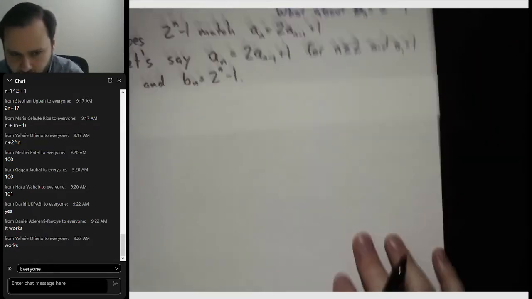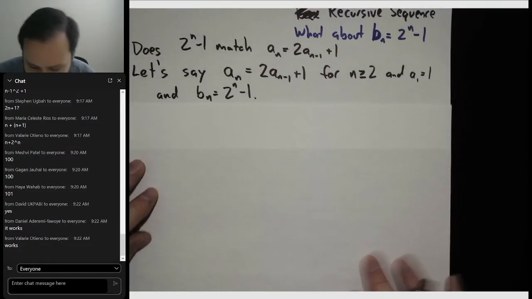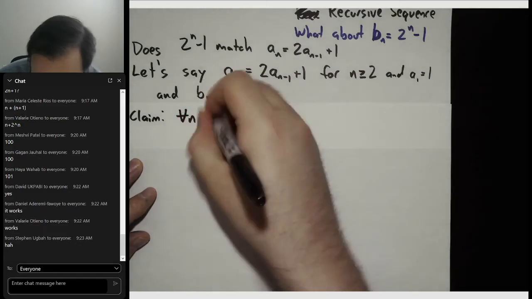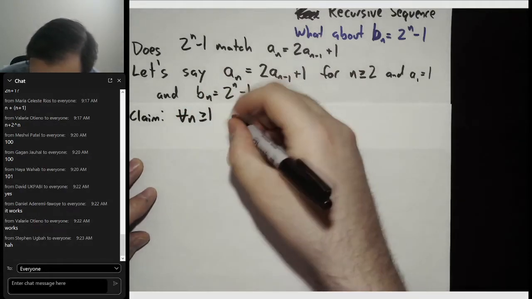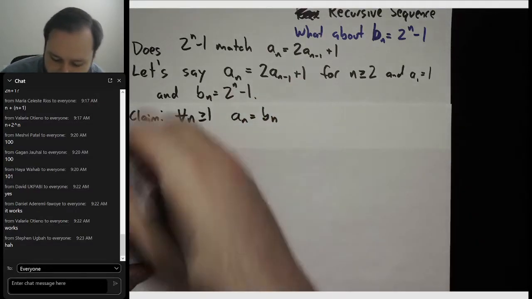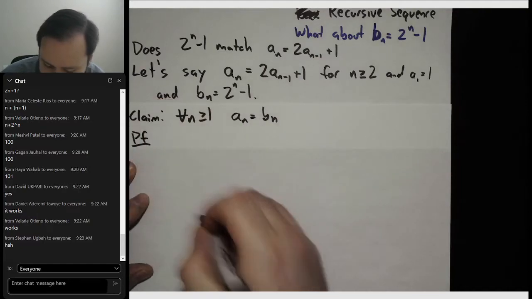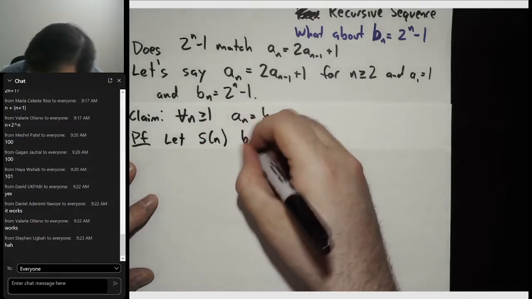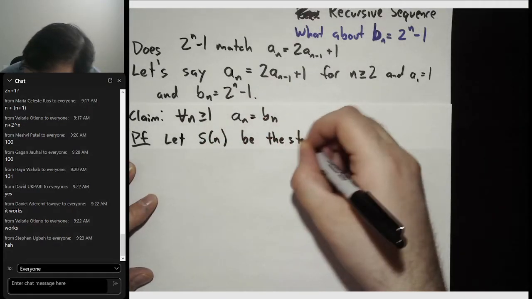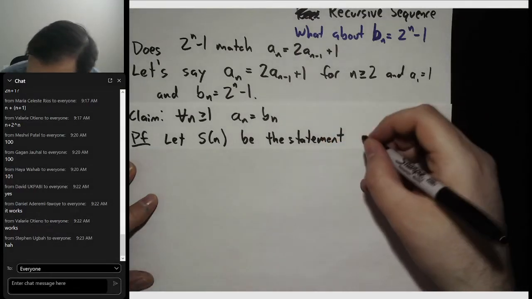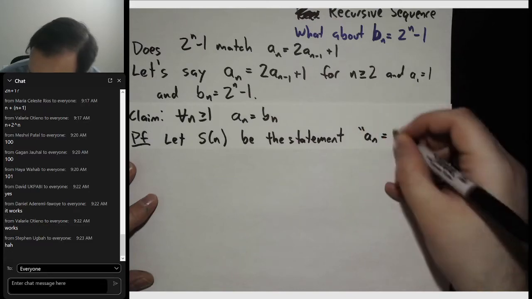So here's my claim. I'll leave this up here. Claim: for all n greater than or equal to 1, a sub n is equal to b sub n. Here's my proof. Let S of n be the statement that a sub n is equal to b sub n.